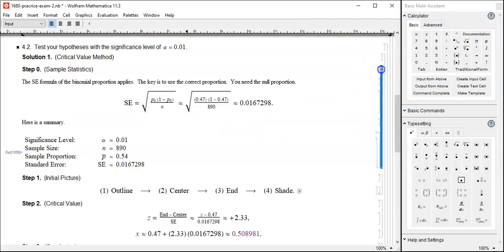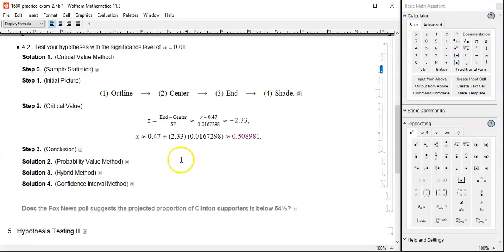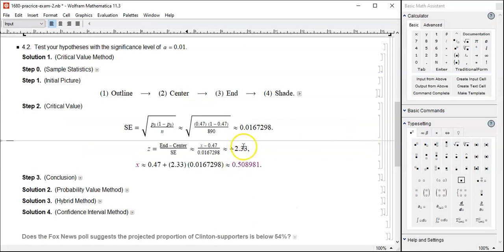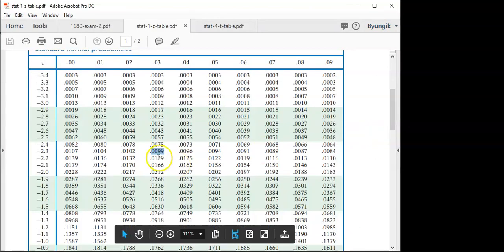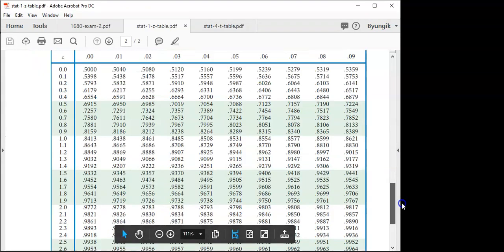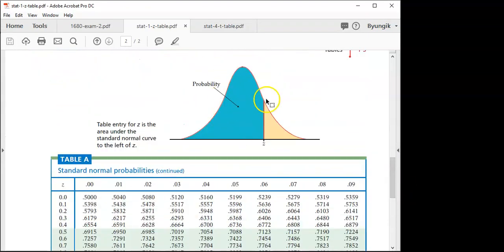Maybe I'll just copy and paste this over here so that I don't have to go back and forth. That goes down to the denominator. By the way, this is the Z table, and for 2.33, actually it's the other way around. I want 99% here and 1% over there.